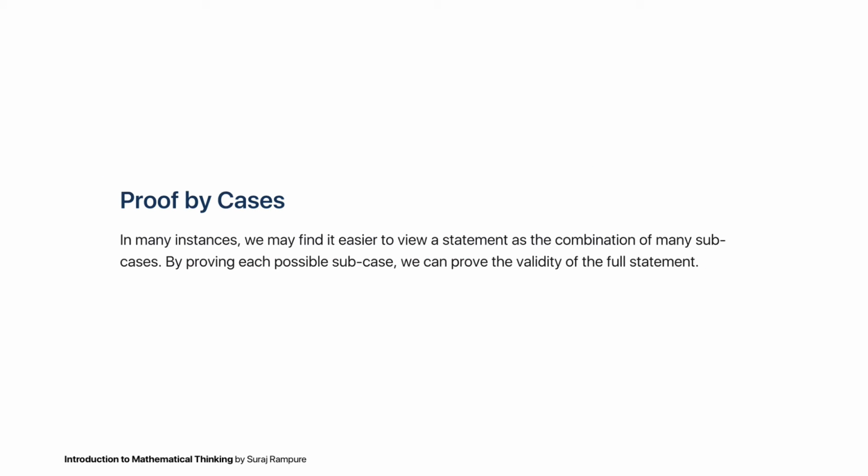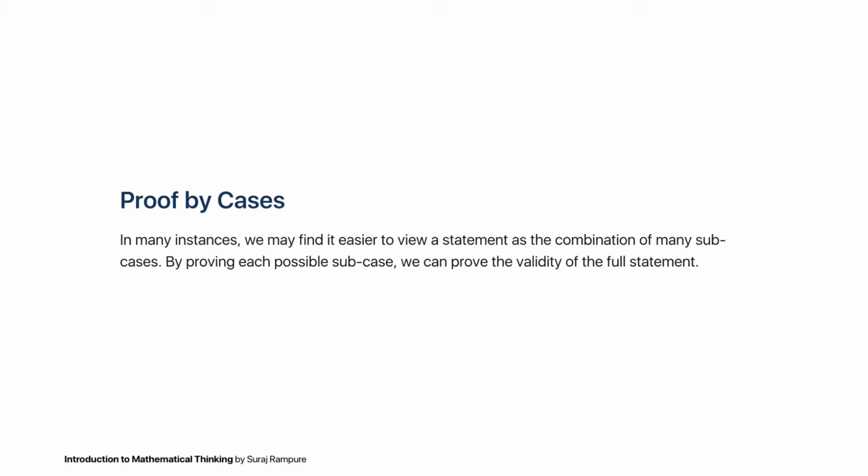Cool. So the next proof technique we're going to look at is more of a combination of multiple proof techniques. Okay? So in a proof by cases, we have some statement that can be broken up into multiple different cases. I can't really put it any better than that other than by showing an example. Suppose we want to show that something is true for all x.